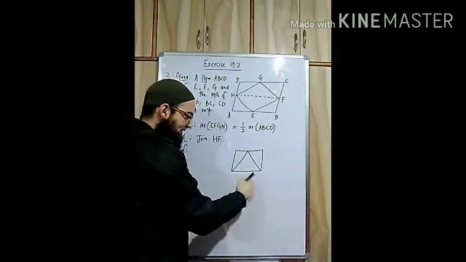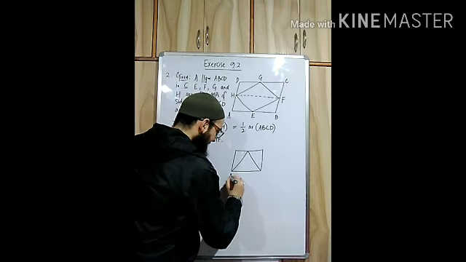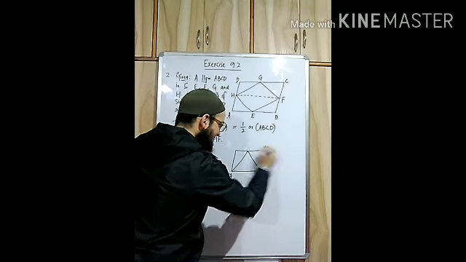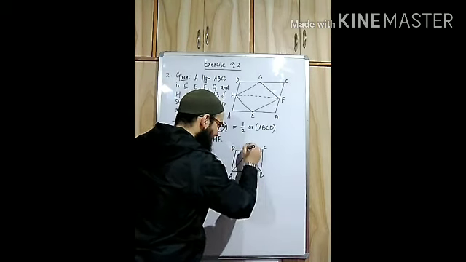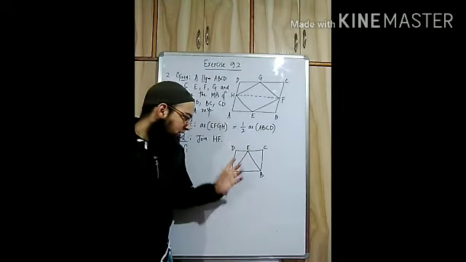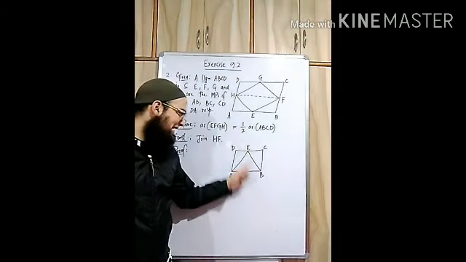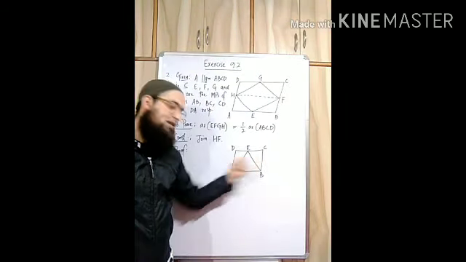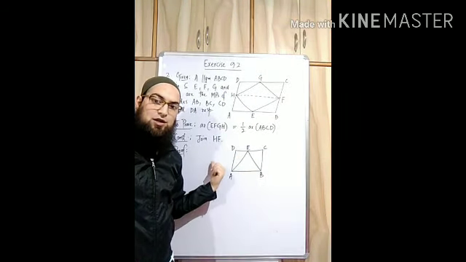If you have a triangle and a parallelogram, say ABCD is a parallelogram and ABE is a triangle. Now consider triangle ABE and parallelogram ABCD.